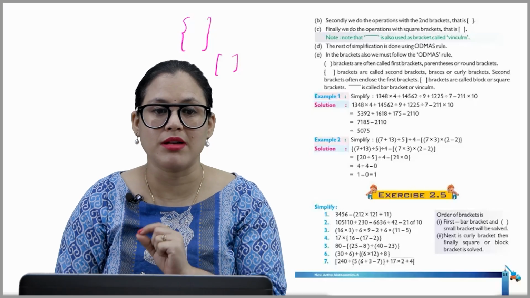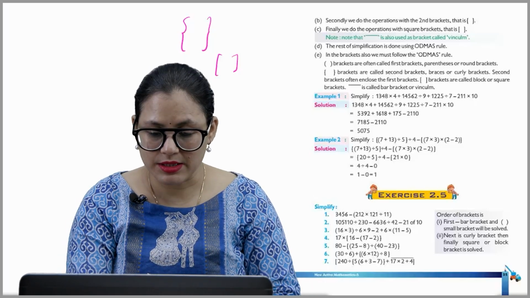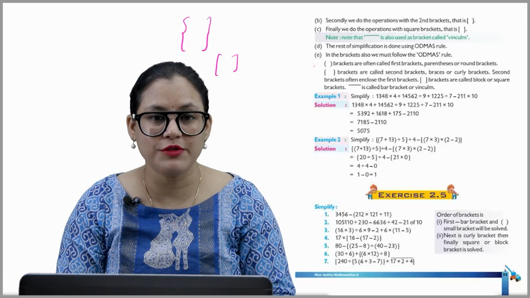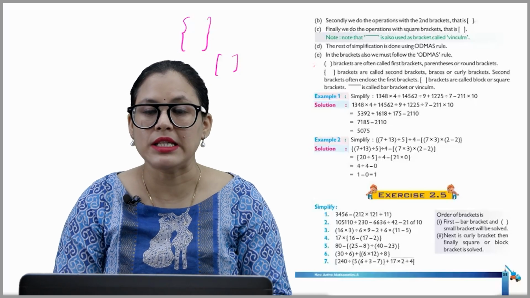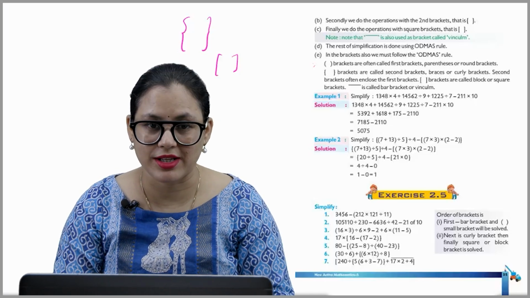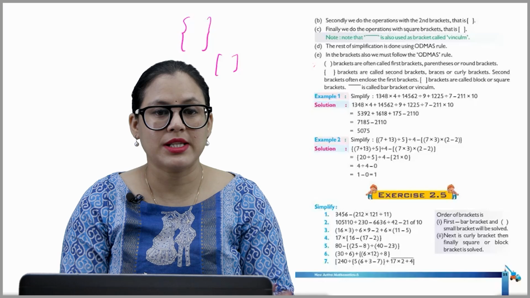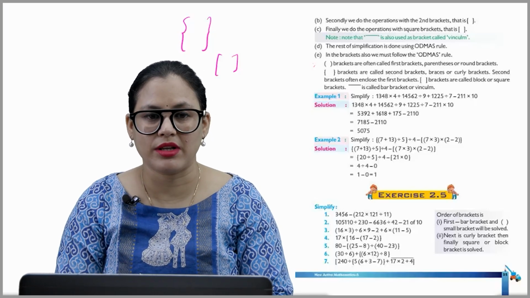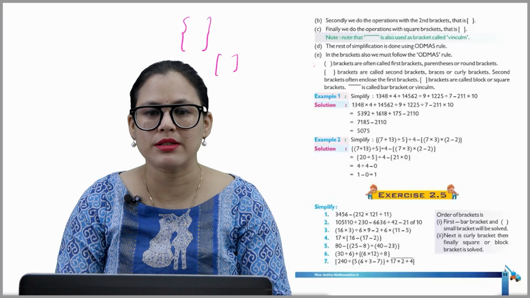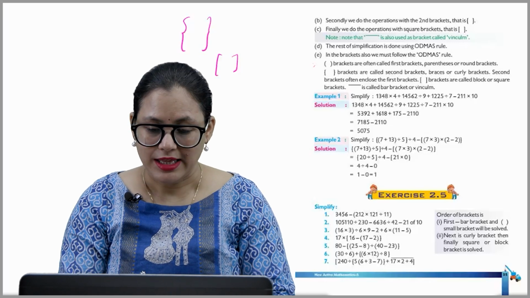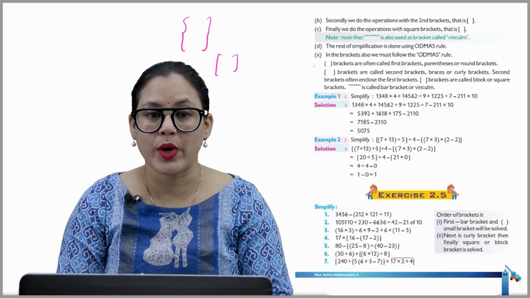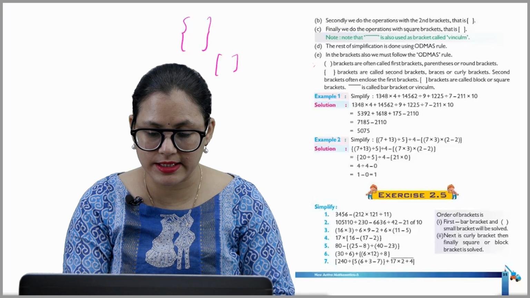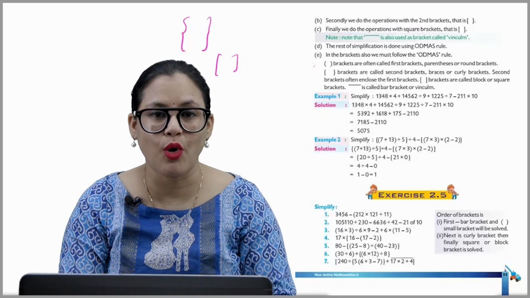This bracket is often called first bracket, parentheses, or round brackets. And these brackets are called second brackets, braces, or curly brackets. Second brackets often enclose the first brackets. These brackets are called block or square brackets, and this is called bar bracket or vinculum.